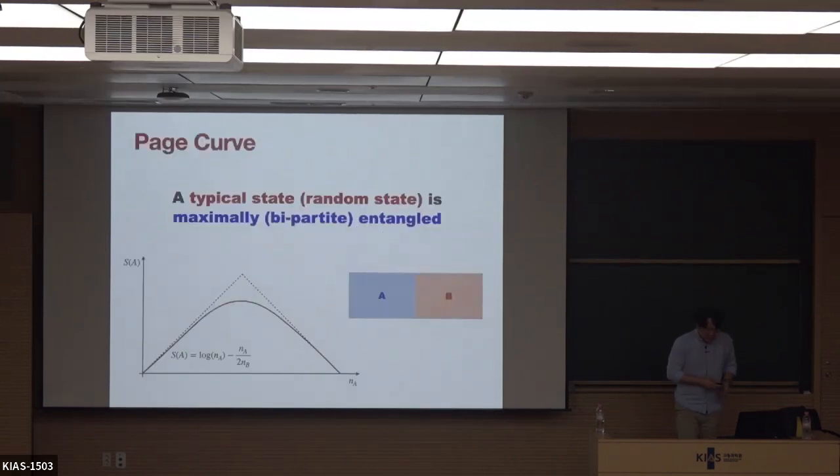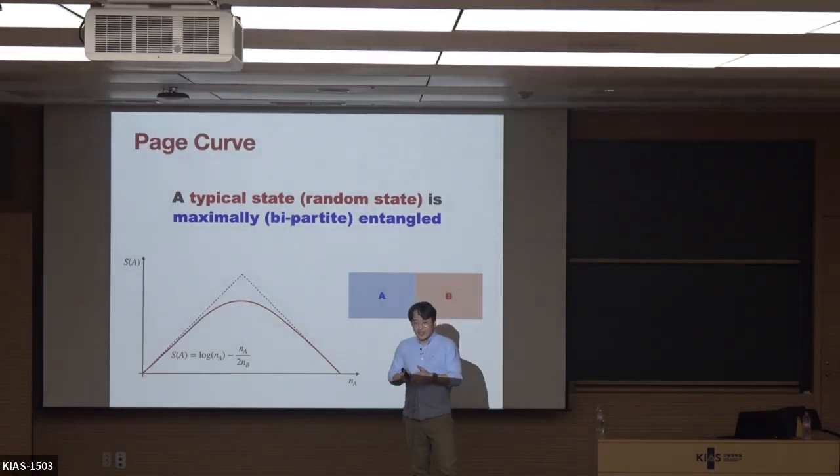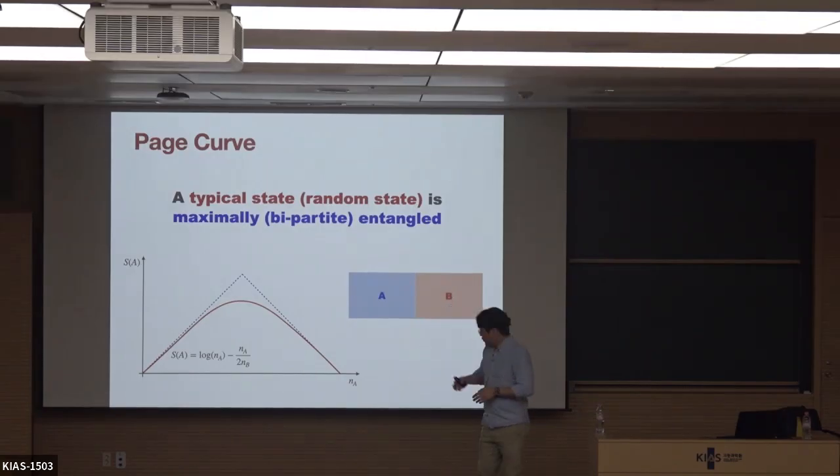Here I would like to say that the typical state is close to the maximally entangled state. This line is the maximally entangled state line. The typical state is close to that, but after the Page time, it's already far away from the maximally mixed state. So the question is whether, from our measure, this typical state is close to the maximally multi-entangled state or not.